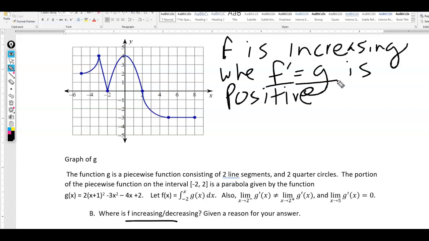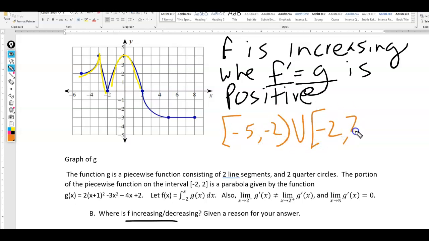Now, the slope of F is just this graph over here, G. So anywhere where G is positive, well, G is positive from here to here and from here to here, because it's all above the y-axis. So we would say that that happens then on the intervals of -5 to -2, and then from -2 to 2.